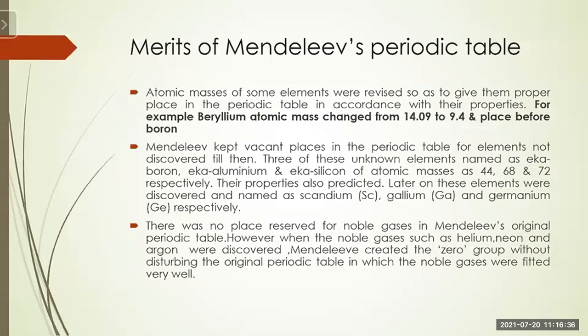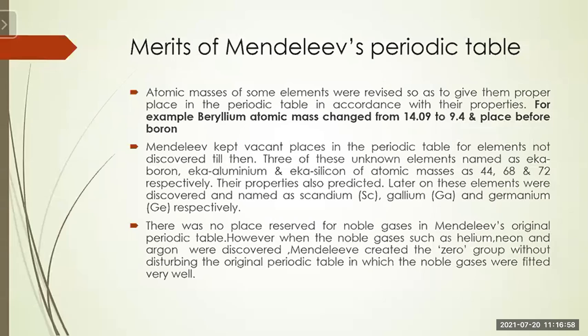So what he has done, he has left places in the periodic table, right? According to him, he knew that some elements would be discovered later. So he had predicted that this type of elements will be discovered.